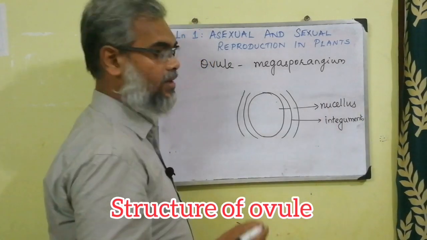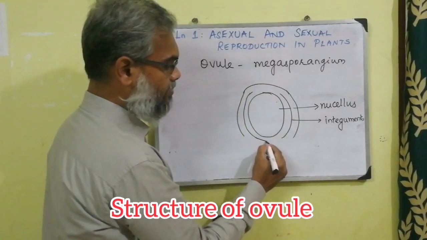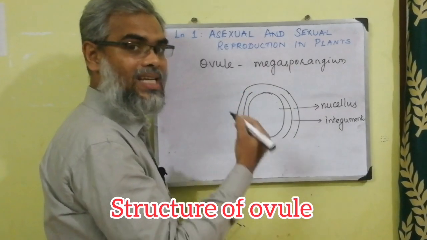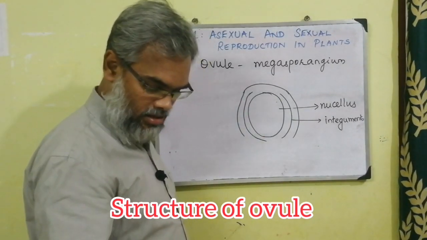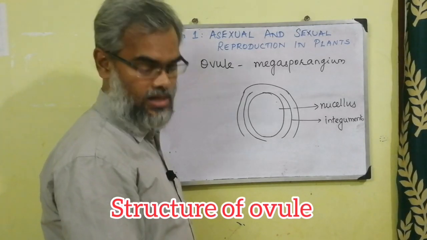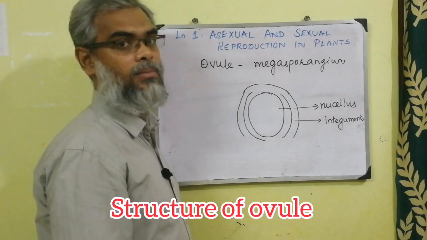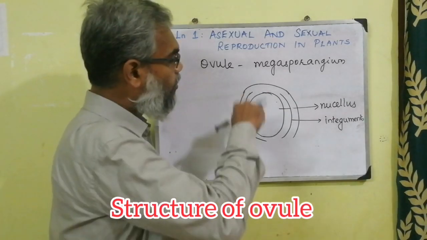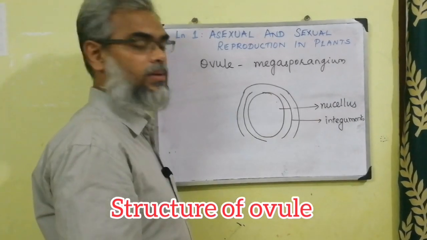These are the outer coverings called integuments. Based on how many integuments are present, the ovule is classified as unitegmic or bitegmic. Unitegmic means only one layer will be there. Bitegmic means two layers will be there.